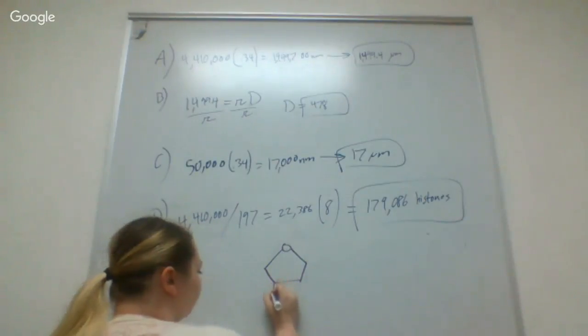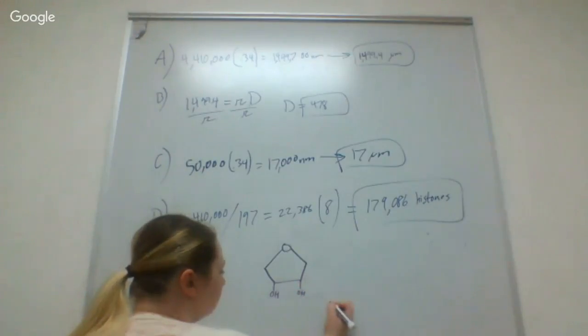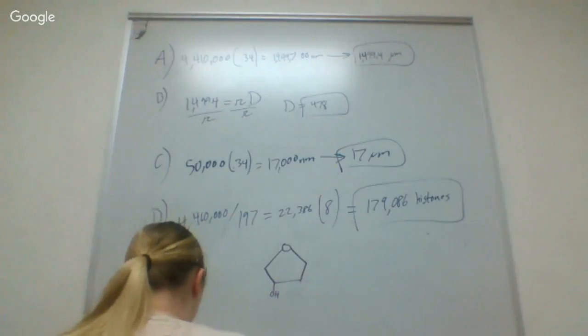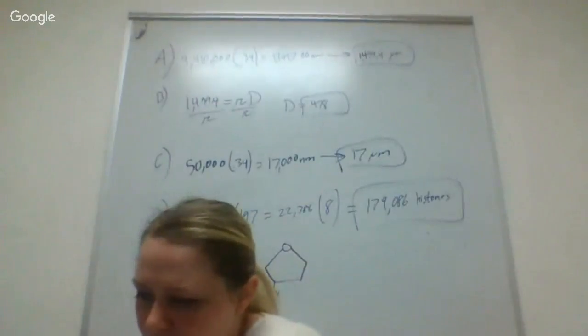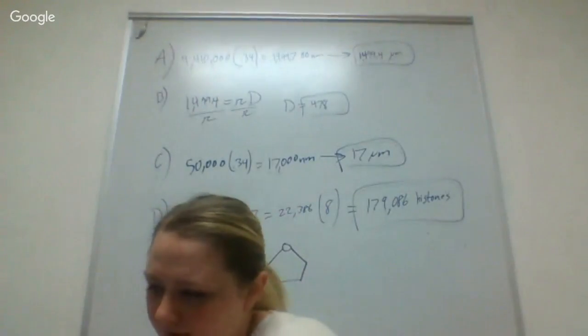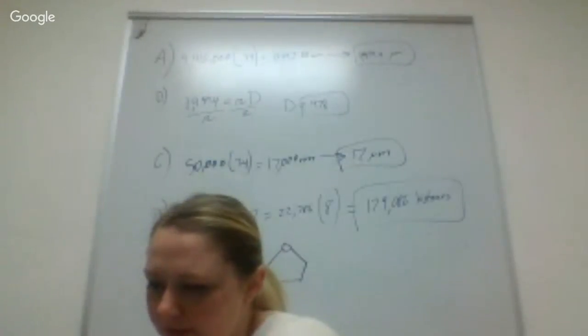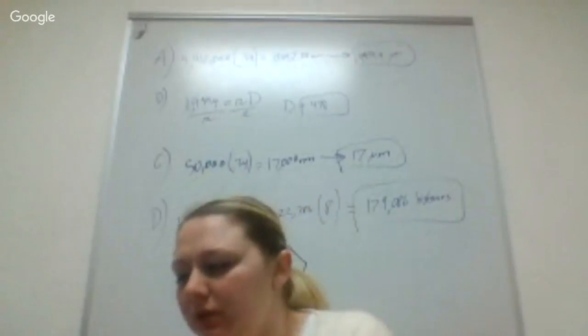Ribose will have 2 OH groups, while deoxyribose will not have the second OH group. So if we look at our molecules, the ones that contain ribose are C, E, and F. The ones that are deoxyribose are A, B, and D.